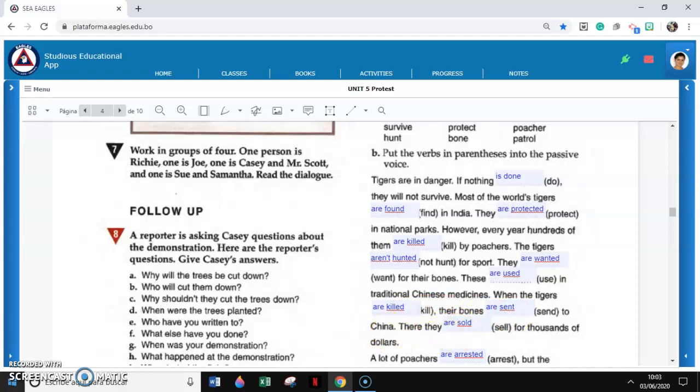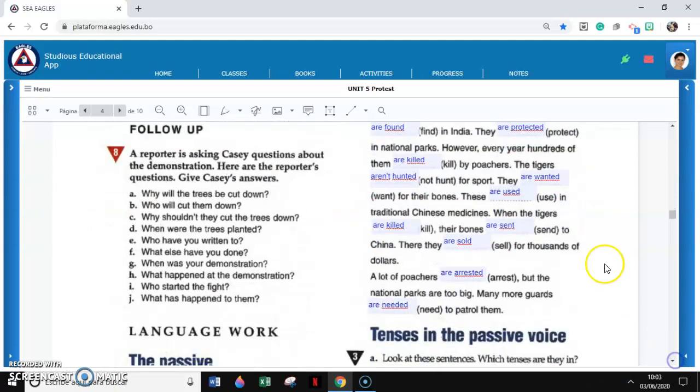They're sold for thousands of dollars. Wow, they're very expensive. A lot of poachers are arrested, but the national parks are too big. Many more guards are needed to patrol them.